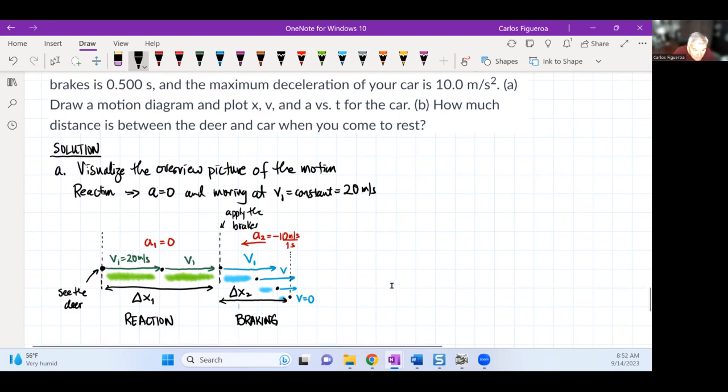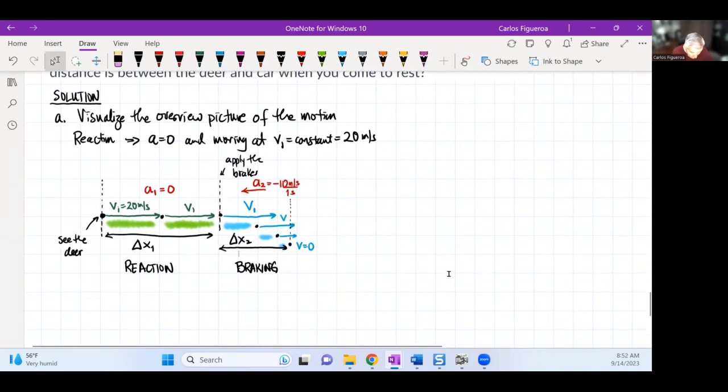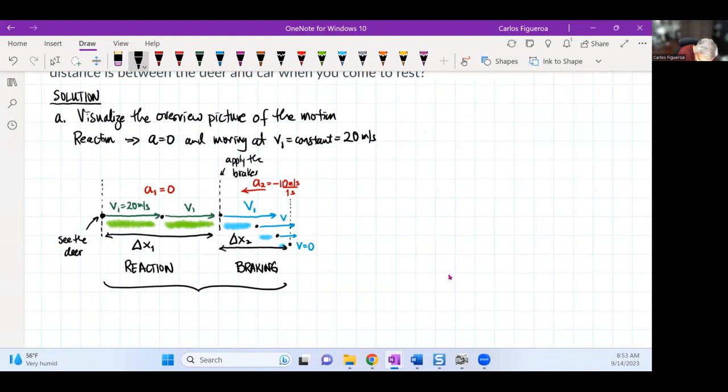The only thing we know about this motion is that this is the total distance. So the total distance the car travels is going to be delta x1 plus delta x2.